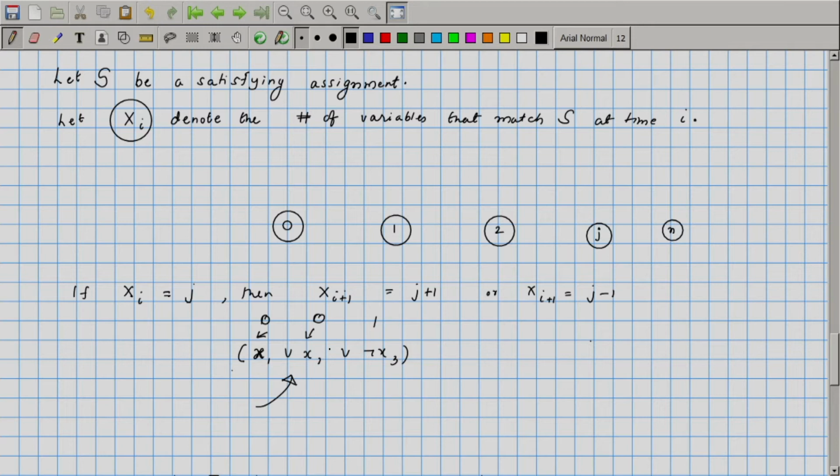Now, in S, if you look at the values of the variables x1, x2 and x3, x1 could be 0 or 1, x2 could also be 0 or 1, and x3 also belongs to 0 comma 1.